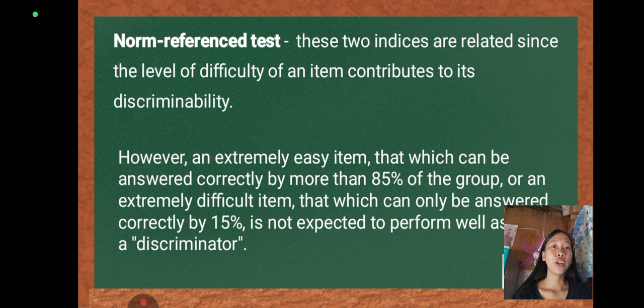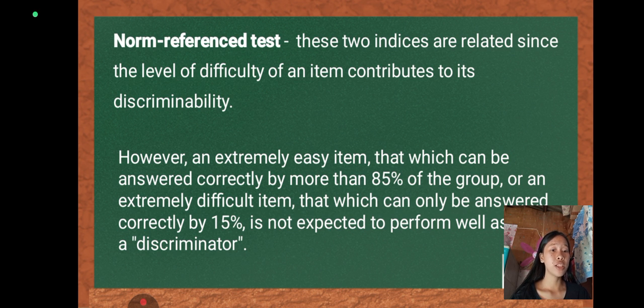The next is the norm reference test. These two indices are related since the level of difficulty of an item contributes to its discriminability. A norm reference test compares an individual's performance to a larger representative group called the norm group.